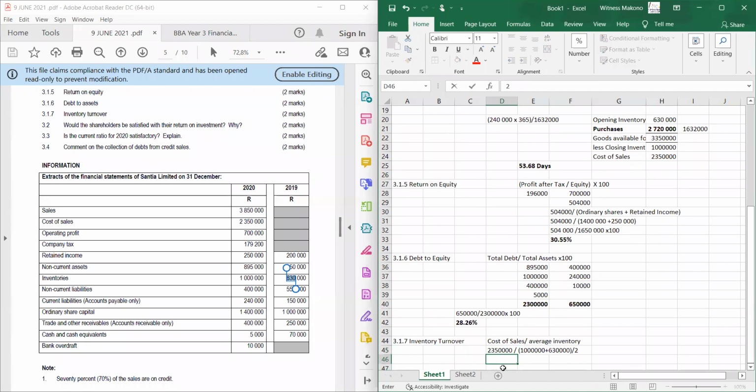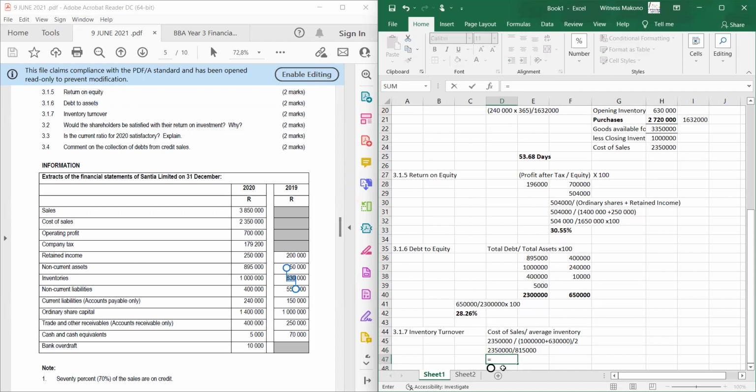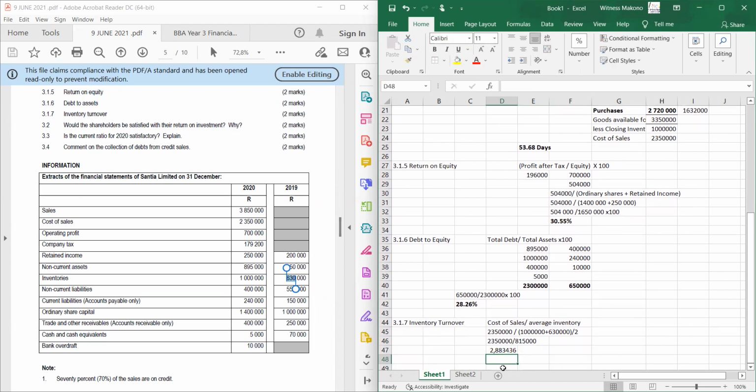So actually it's 2,350,123 divided by 815, which gives you a number as in times. So it gives you 2.88 times.